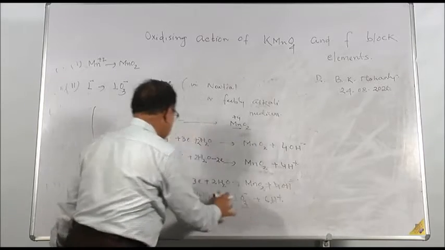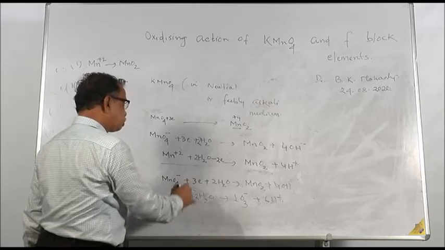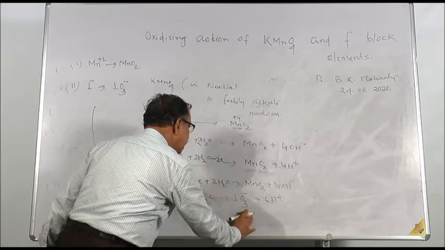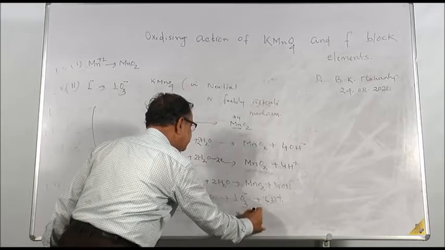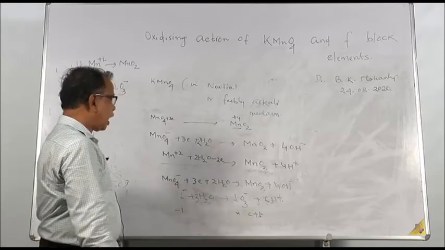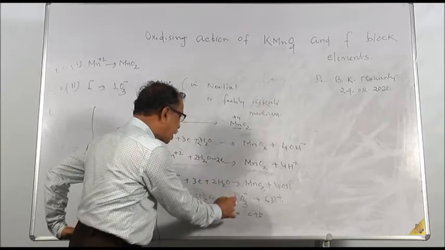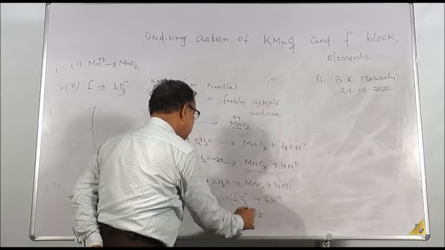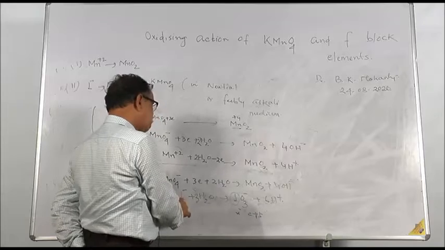For iodate, x minus 6 equals minus 1, so x will be plus 5. Iodine remains with oxidation number plus 5. Here I is minus 1.